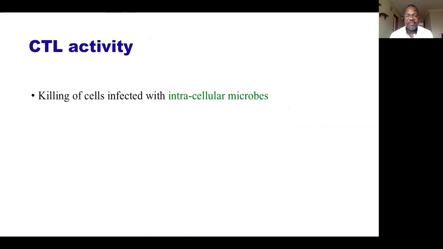Now, another thing that will happen is what we call the CTL activity. The CTL activity is mainly used if the microorganism is an intracellular microorganism. What we have seen so far is for extracellular pathogens, but the CTL activity takes place when you are infected with an intracellular microorganism.